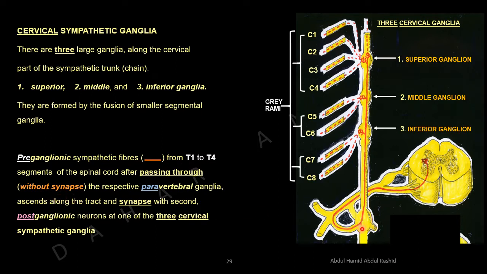Without synapsing, these preganglionic fibers ascend along the trunk and synapse, some at the superior ganglion, some at the middle ganglion, and some at the inferior ganglion, with the second order neurons, that is the postganglionic neurons.